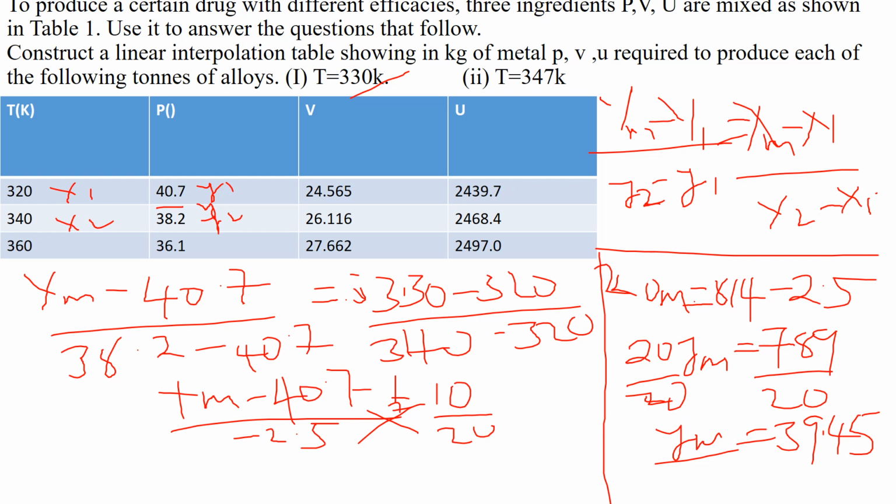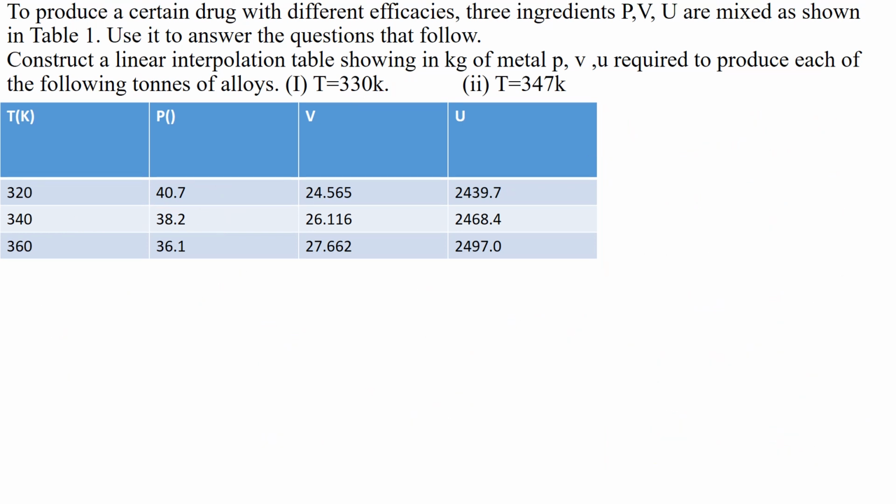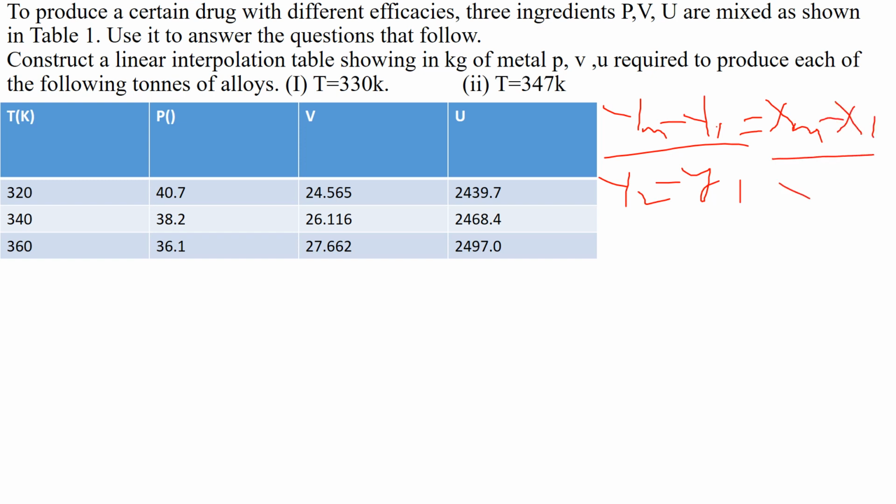So let us get the second one, and for the second we need to get V. We need to get the one that is found at V, and still we are going to say that ym minus y1 divided by y2 minus y1 should give us xm minus x1 divided by x2 minus x1.